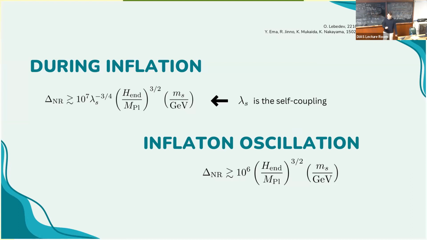What I'm a little bit confused about is where did the self-coupling come into play? Right. So I have to say I didn't look much into this part of the production. This one I took from the papers.